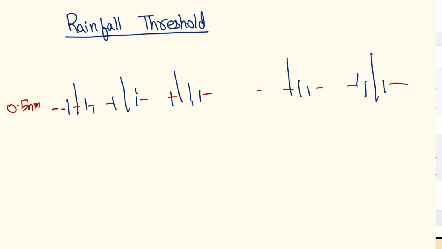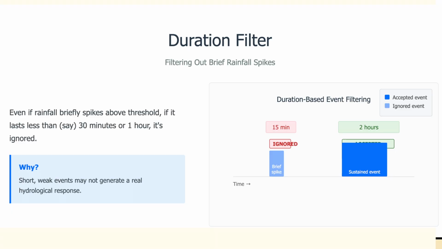Then we can say there is enough water for our infiltration study, because short or weak events may not generate a real hydrological response. We can plot the histogram of event durations and see how we can define the minimum duration, that is, what constitutes an event.